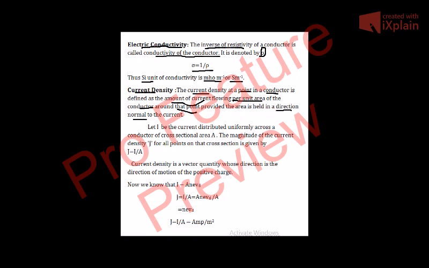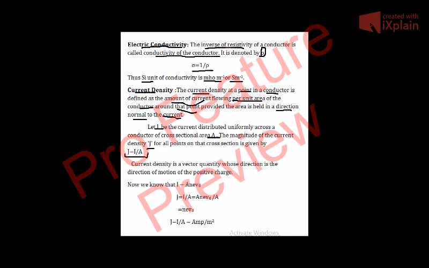Let I be the current distributed uniformly across a conductor of cross-sectional area A. The magnitude of the current density J for all points on that cross-section is given by J is equal to I upon A. Current density is a vector quantity whose direction is the direction of the motion of the positive charge, that is the direction of the conventional current.